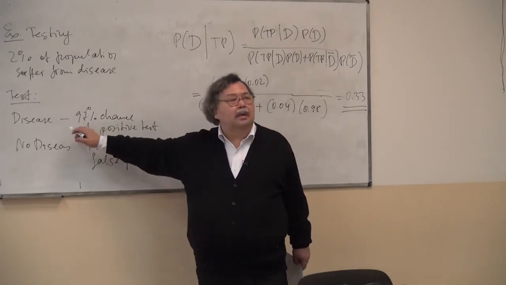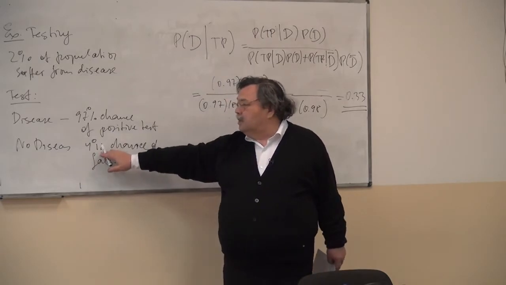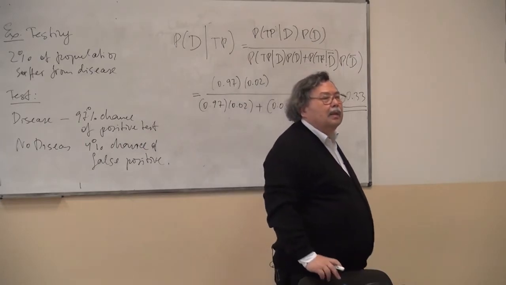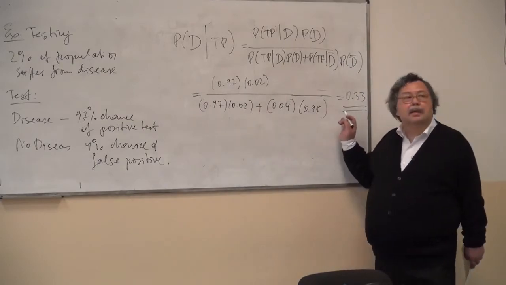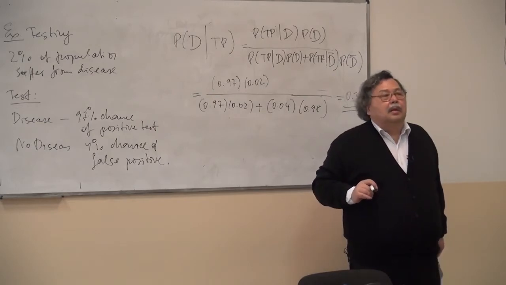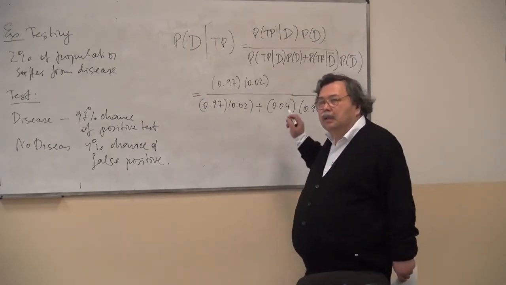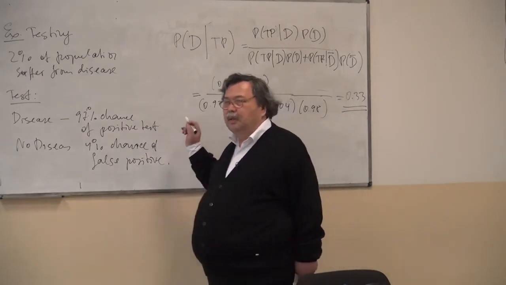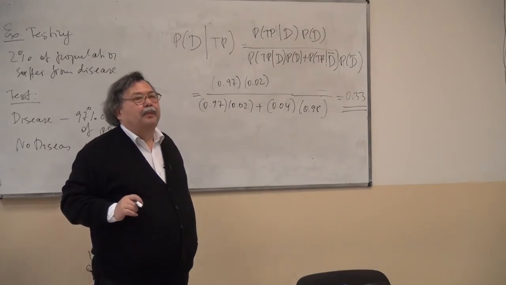This seems to be a good enough chance to detect the disease if it's present, and the 4% of false positive results doesn't seem a big problem, but actually, this is the answer. If a person gets a positive test, it's not at all certain that he or she has the disease. By the way, this is quite a problem in practical medicine. It's a big issue.